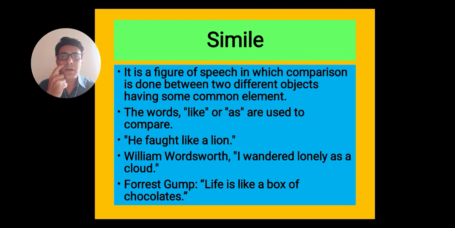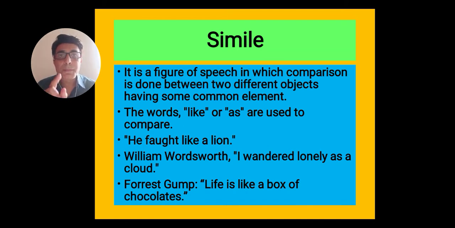Let's take one more example from English literature. William Wordsworth, a poet of nature, has written a poem called Daffodils. Daffodils is the name of a flower. The poem begins with this line: I wandered lonely as a cloud.